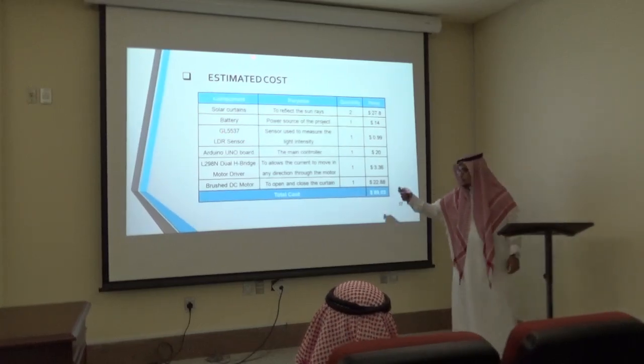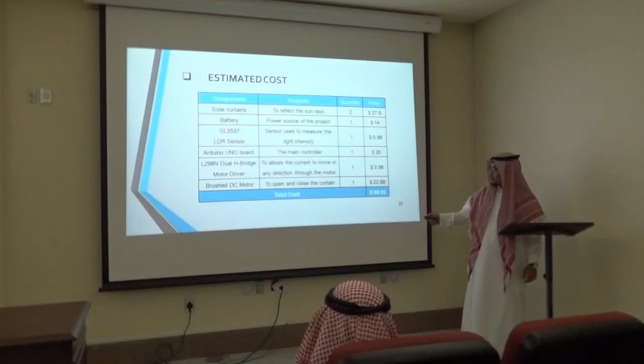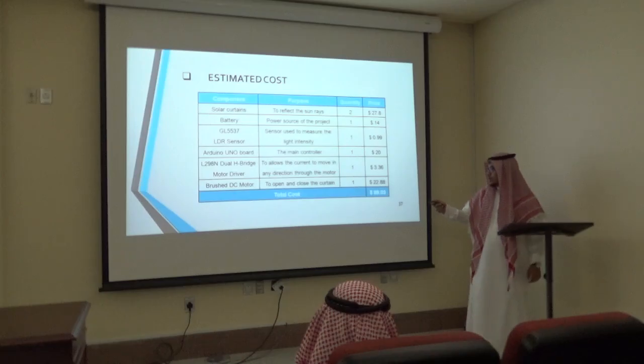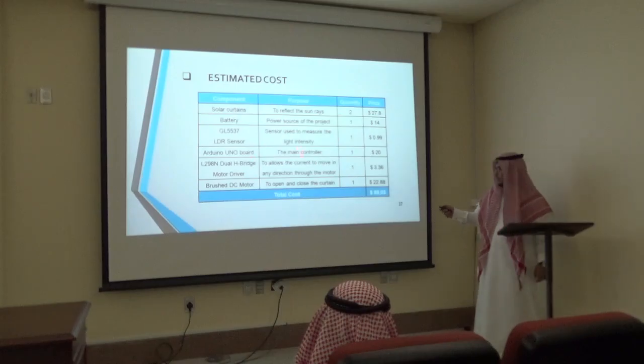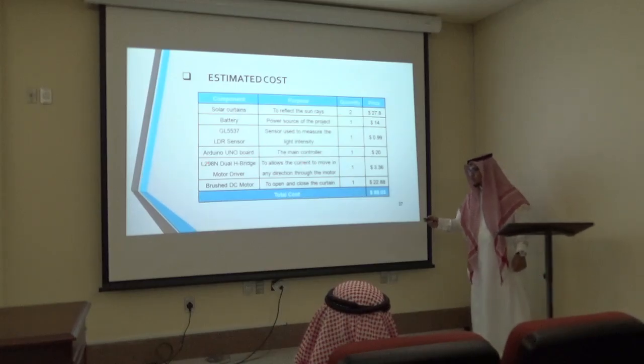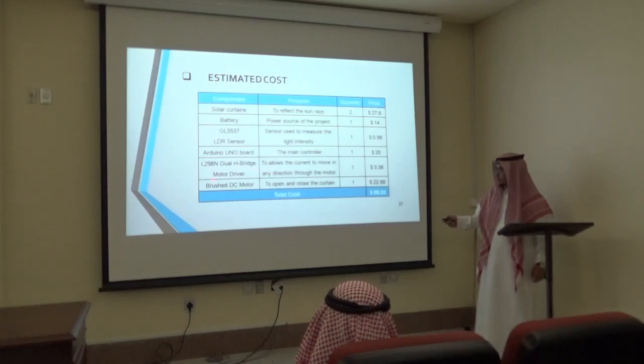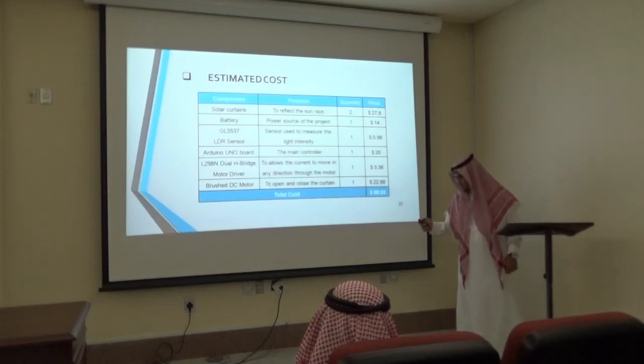The main components in our project are a solar curtain to reduce the heat and reflect the sunlight, the battery and the LDR sensor as said, the Arduino board as the main controller, the L298N dual H-bridge motor driver, and the brushed DC motor.